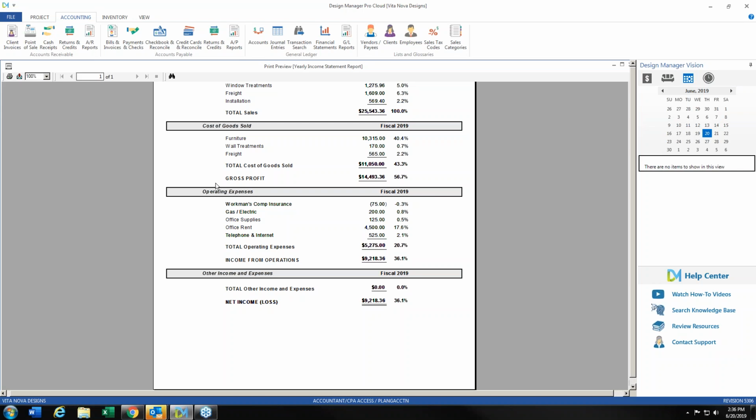Not to get too complicated, but that will lower the payable on the balance sheet, and the expense will still be in the previous year. If that bill was not done, and whoever is putting it in is just putting it in as an expense in 2019, it's going to show up on the income statement in 2019.